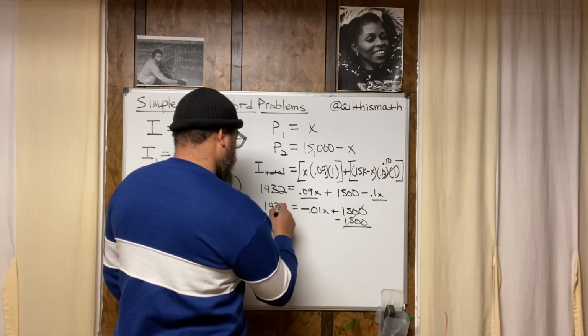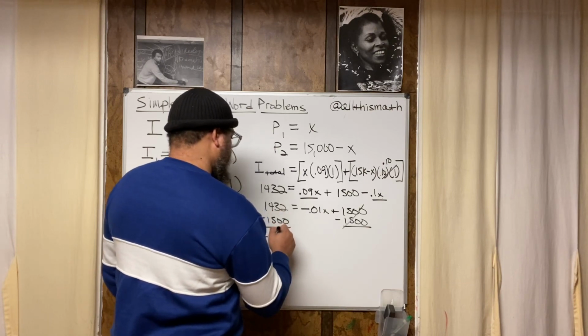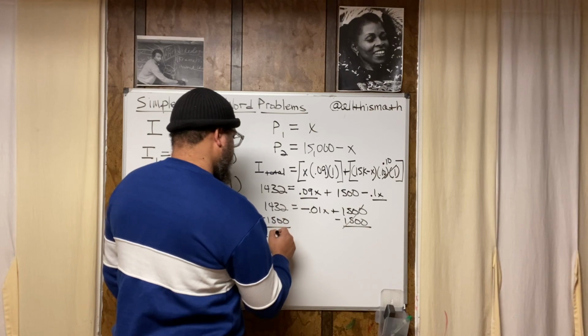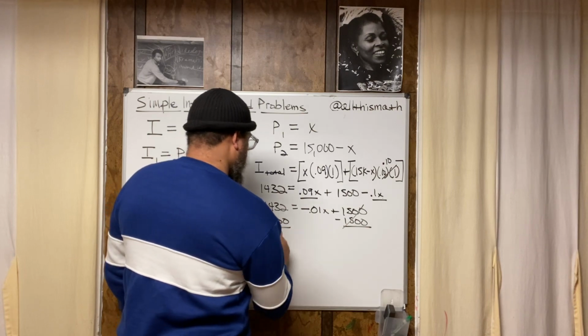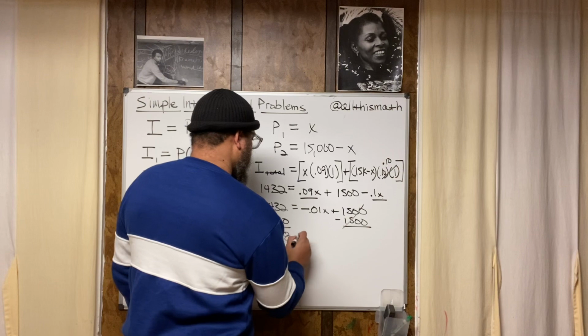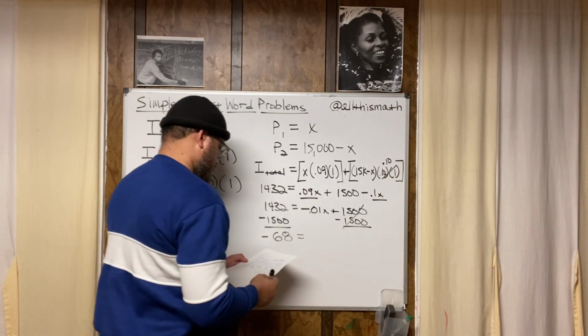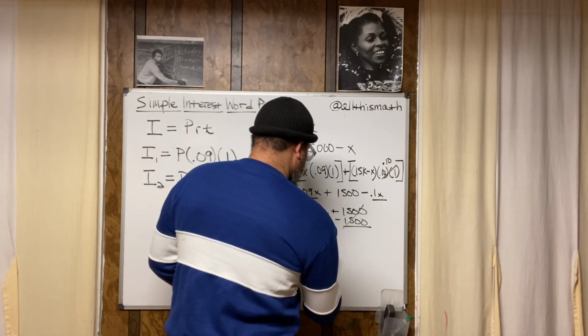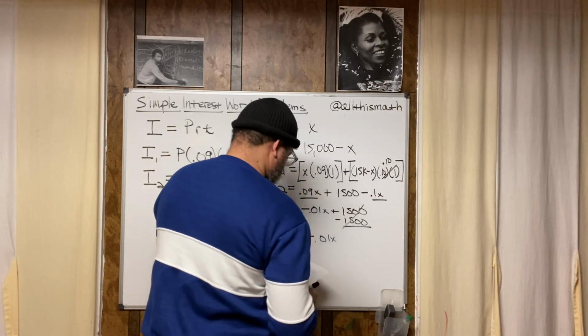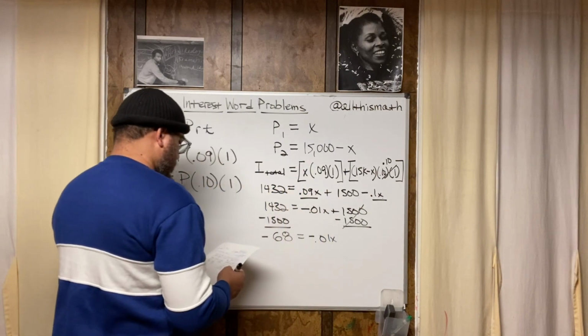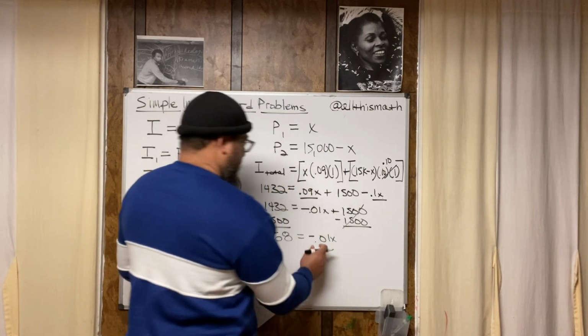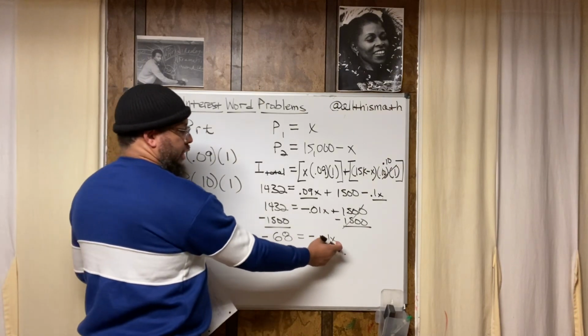Is that 70? 68. Negative 68 is equal to negative 0.01x.